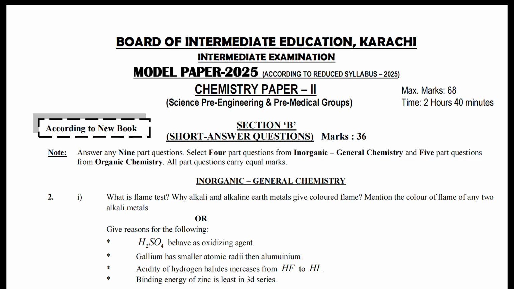So from these 7 questions of inorganic, you have to attempt 4 questions, and from 7 organic questions, you have to attempt 5 questions. Keep in mind that in inorganic, 4 and for organic, 5 questions must be attempted. If you attempt extra questions or fewer questions, then your marks will be deducted, nor will you get any extra credit.